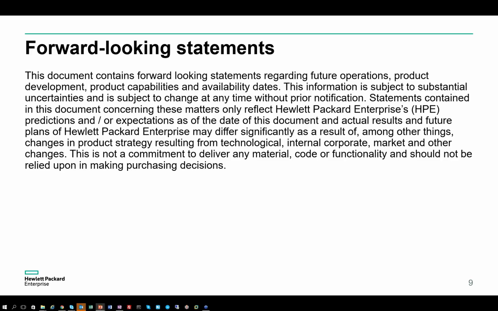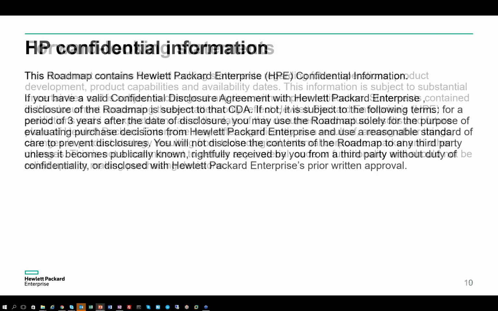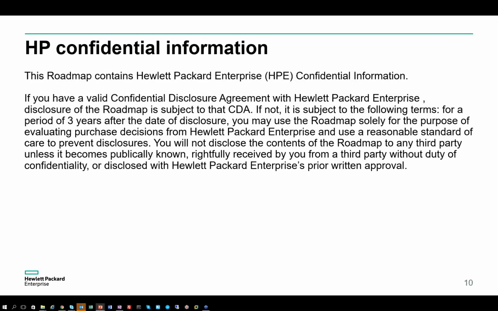And the second slide says this is HP confidential information. This roadmap contains Hewlett-Packard Enterprise confidential information. If you have a valid confidential disclosure agreement with Hewlett-Packard Enterprise, disclosure of the roadmap is subject to that CDA. If not, it is subject to the following terms.